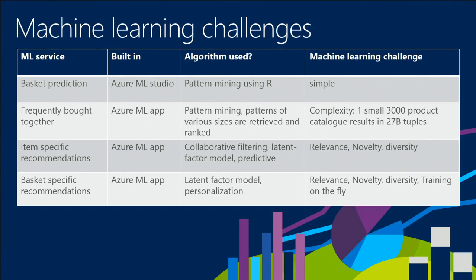Yes, please. Can you expand on the distinction between frequently bought together and item specific? Right. So for frequently bought together, we tell the algorithm that we are looking for a particular pattern. Which 3 items go together? That's the only pattern we are interested in. Whereas in item-specific recommendation, we don't tell the pattern.